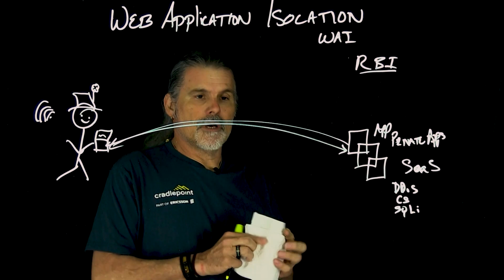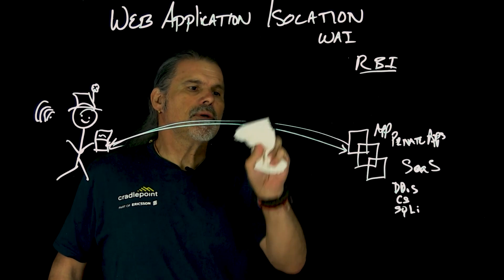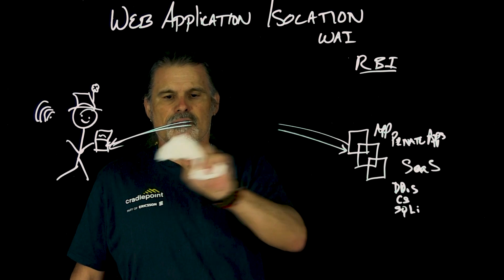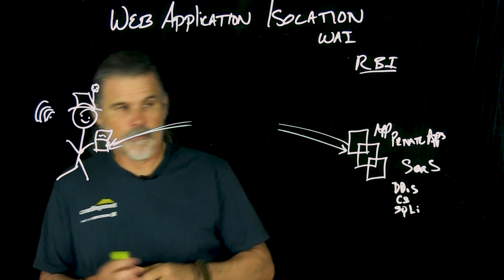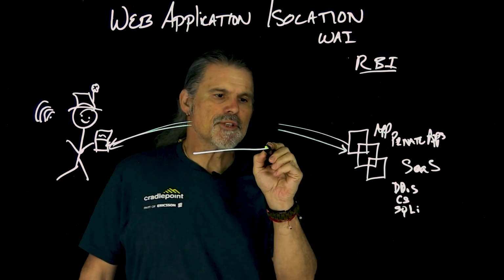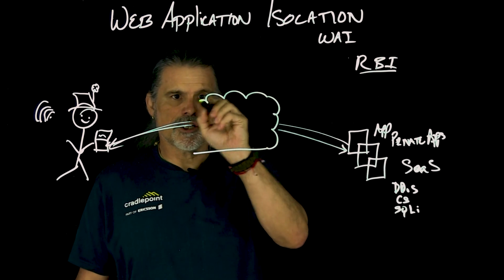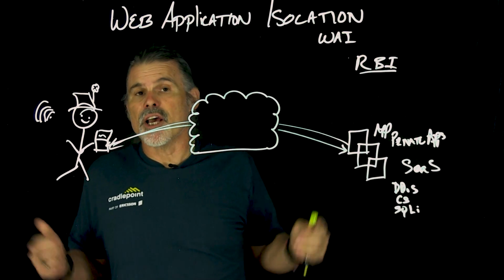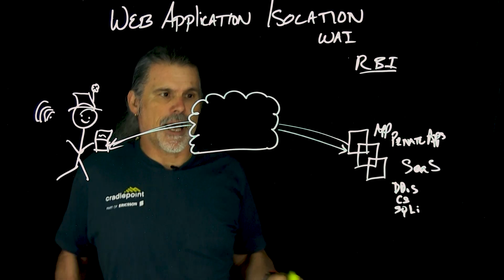So, well, what do you want to do? Let's clean up a little bit of this on the light board. And like remote browser isolation, web application isolation is kind of the same concept.